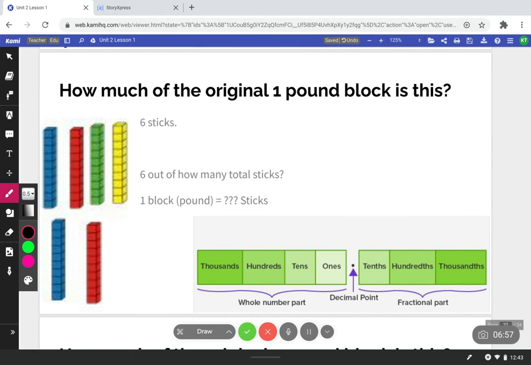Okay. So now how much of the original 1 pound block of cheese do I have now? Okay, so I have 6 sticks. So in the 1 pound block of cheese, there were 100 sticks total in a 1 pound block.